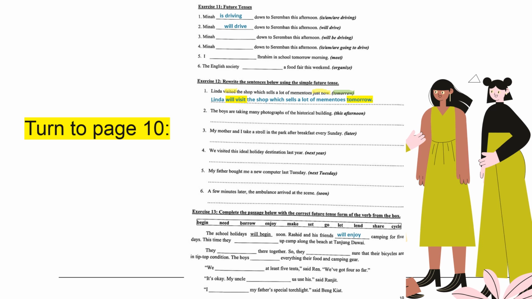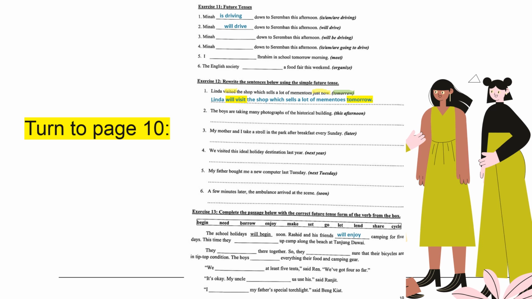So 即将要发生了，这个学校假期即将要到来。So Rashid and his friends, the given answer is here. So Rashid and his friends 什么 camping for 5 days. Yep, the answer is will enjoy. So Rashid 跟他的朋友呢将会享受5天的露营。Okay, 5天的露营. So will enjoy.